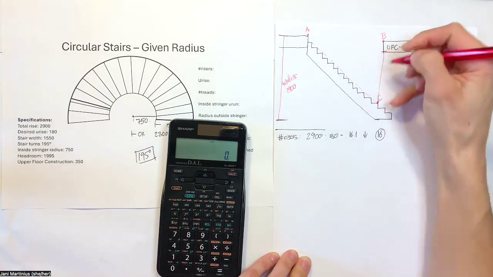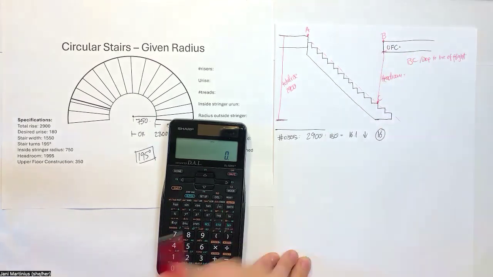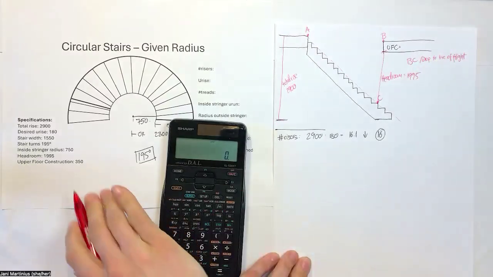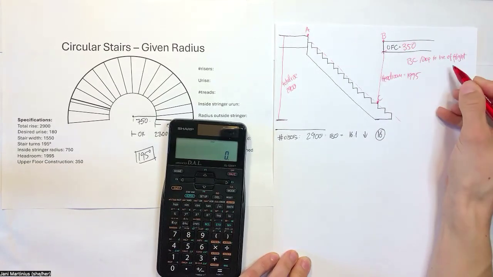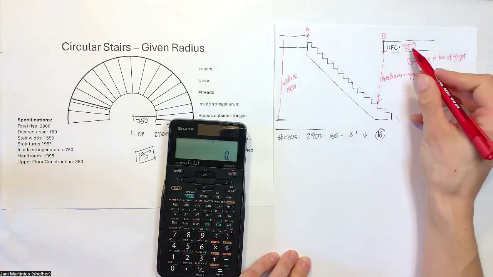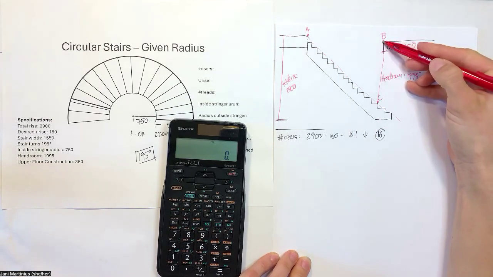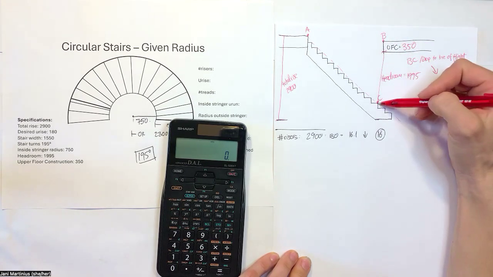We have our headroom of 1995 and our upper floor construction of 350. Our BC, or drop to line of flight, is our headroom plus our upper floor construction, right? It's from the very top of the finished floor on the upper level to our C on the nosing line.